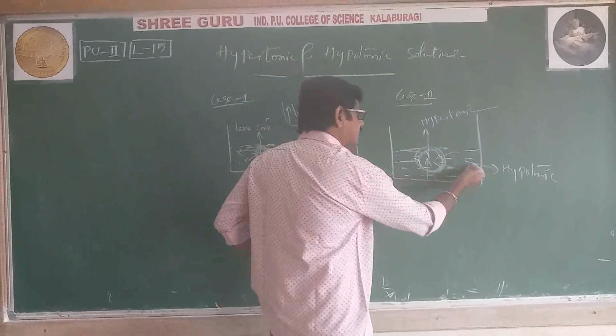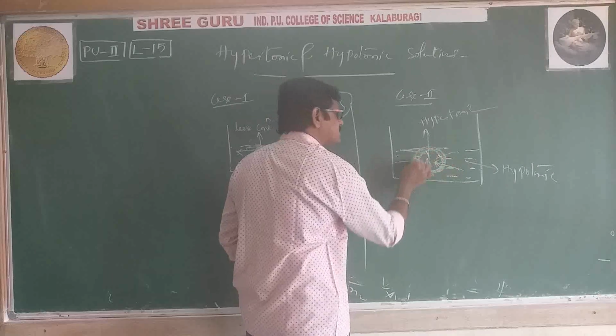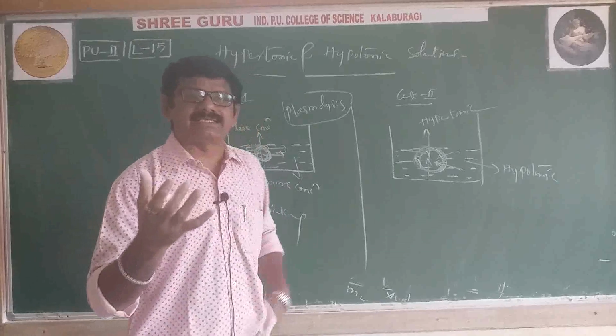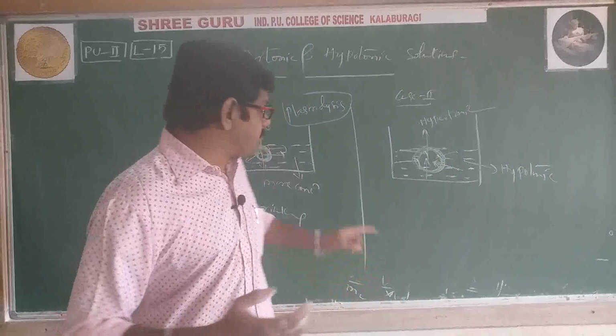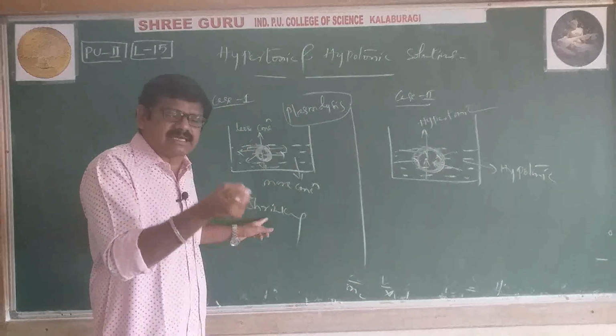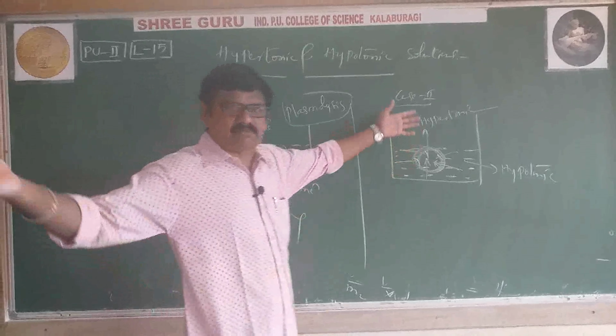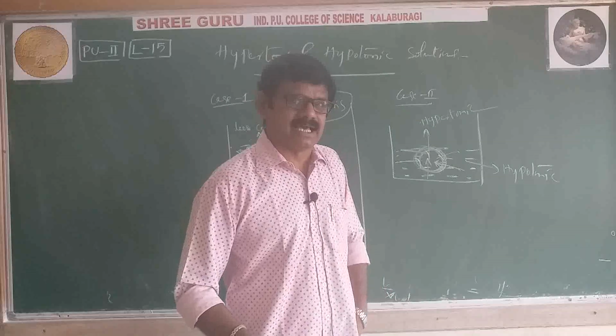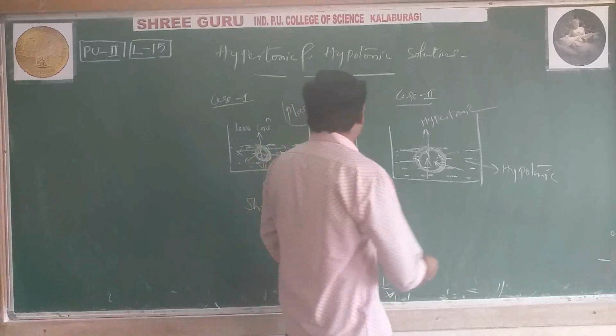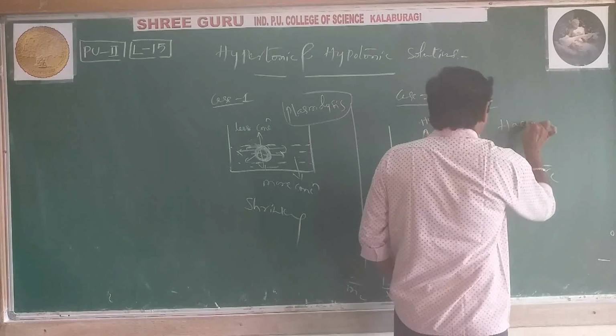Because of that, the cell bulges. In the earlier case the cell shrinks, but here it bulges. This particular phenomenon is called hemolysis.